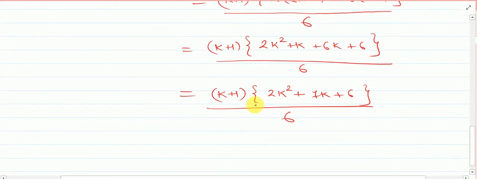You can see here this is a quadratic expression, so I can factorize it. So k plus 1, and this one becomes 2k square plus 4k plus 3k plus 6.